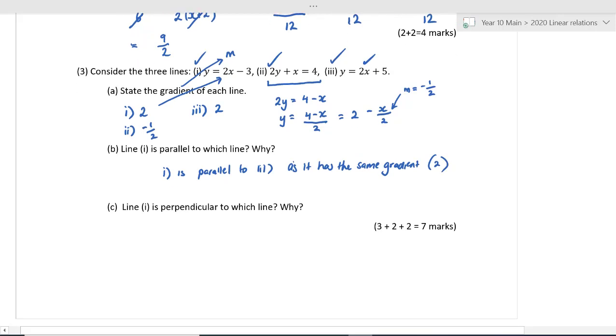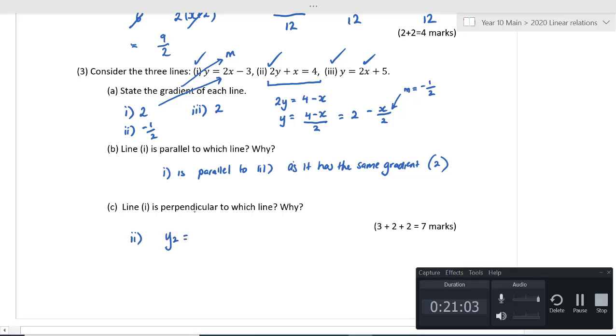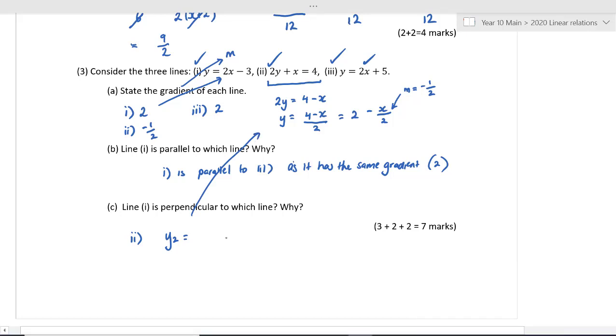Line 1 is perpendicular to which line? Well, if I go number 2, I'm going to call this y2. We've rearranged it up here, so you can see that y is equal to 2 minus x on 2. So what would be the gradient of that? Well, the gradient we've already established is minus 1/2. So line 1 is perpendicular to which line?